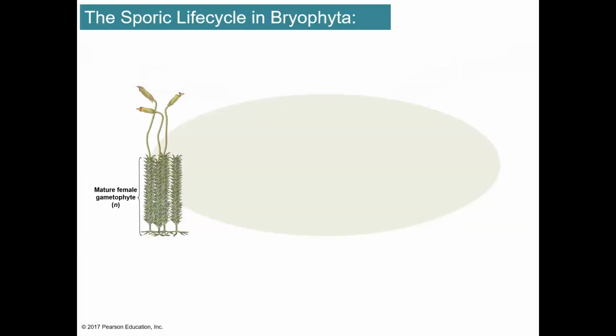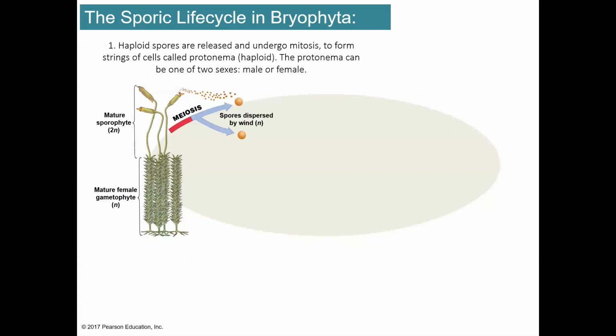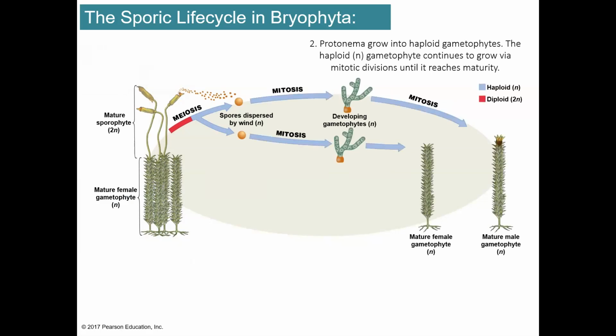All right, so the sporic life cycle in Bryophyta, the mosses. We're going to start with spores being distributed or dispersed in the wind. And again, they're coming from the mature sporophyte, which has come from the mature gametophyte, but we'll cover that later on in the life cycle.